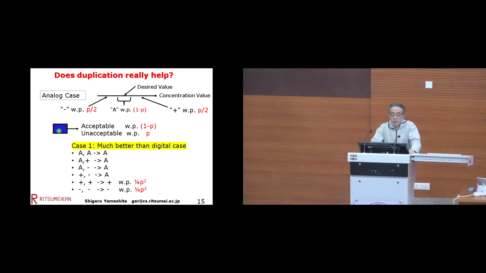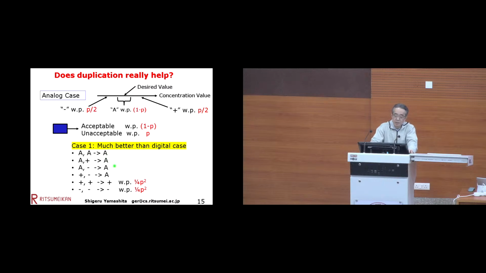If we do the duplication like the previous research and average them, two dilution graph outputs are acceptable, so if we average them, of course, we get acceptable. And if one is acceptable and the other is larger than the desired value but still probably acceptable, it depends on the scenario.